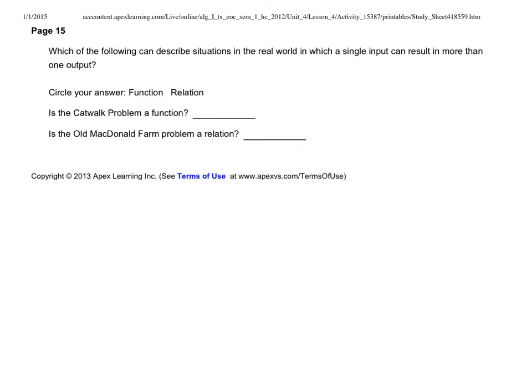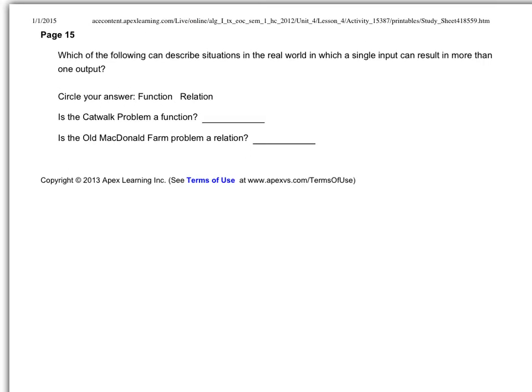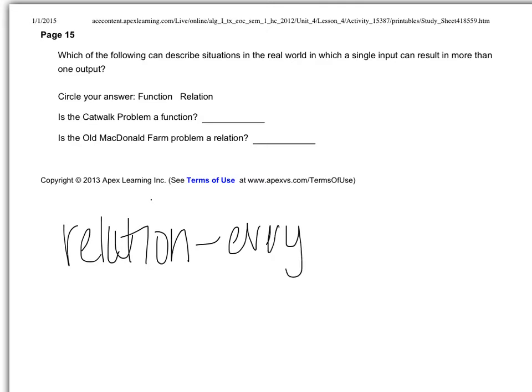So in life, we have relations. Every mathematical equation, every graph, every word problem is an example of a relation. So everything is a relation.